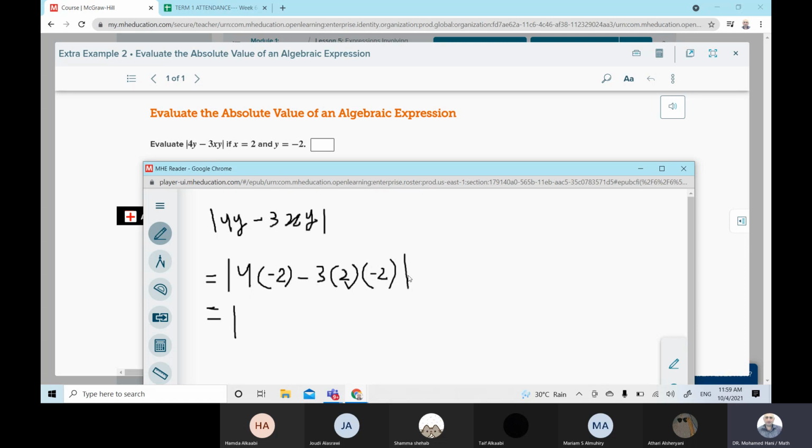Inside the absolute value, we have operations. The first operation: multiply 4 times minus 2, which will be minus 8. And here, minus 3 times 2 will be minus 6. Minus 6 times minus 2 will be plus 12.